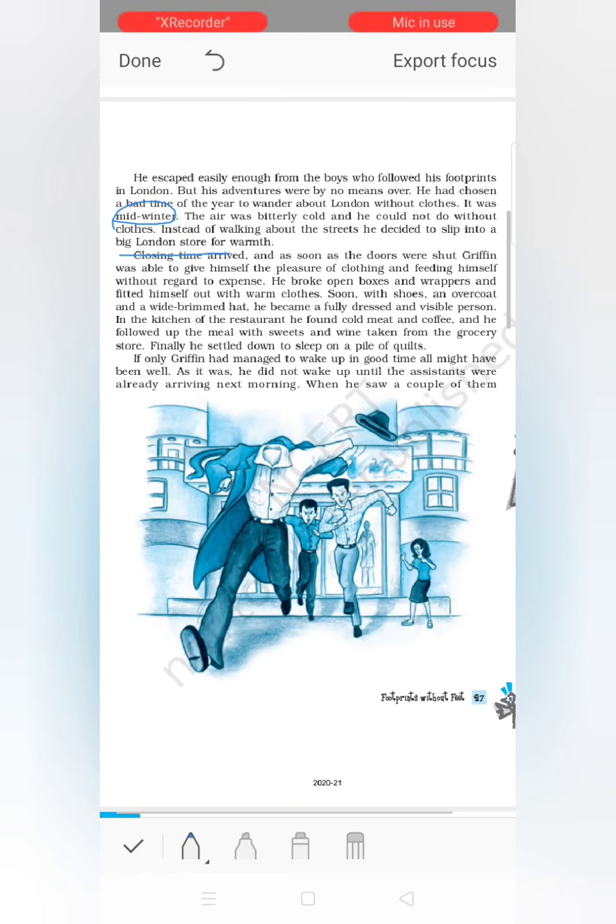And then he had the most pleasurable time of his life. He gave himself the pleasure of clothing and feeding himself without regard to expense. As he was there in the big London store, he could have anything from the store. There were food, there were clothes.